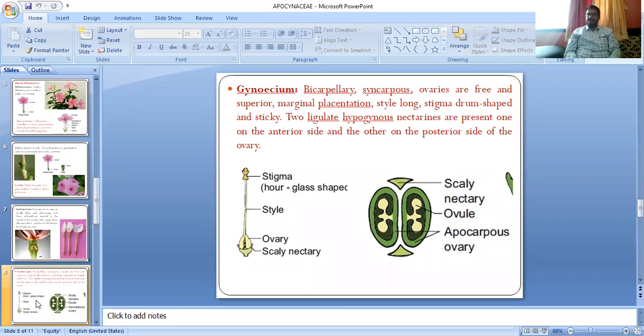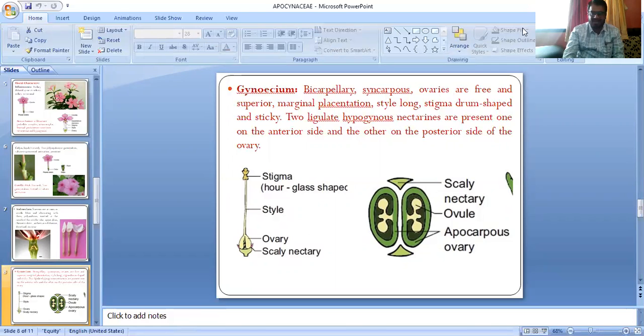Here write syncarpous or apocarpous, because in the family Apocynaceae and in Catharanthus roseus the ovary of the gynoecium is apocarpous.